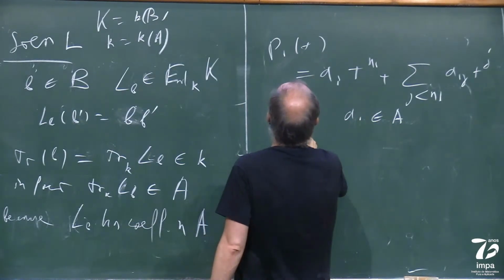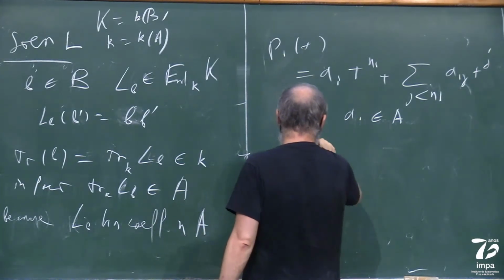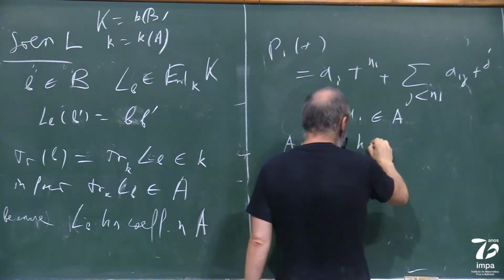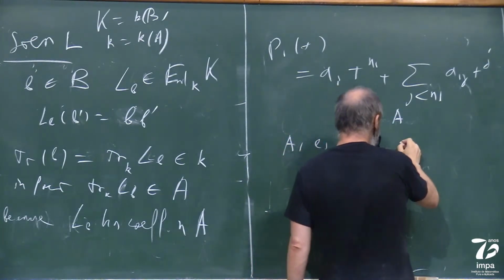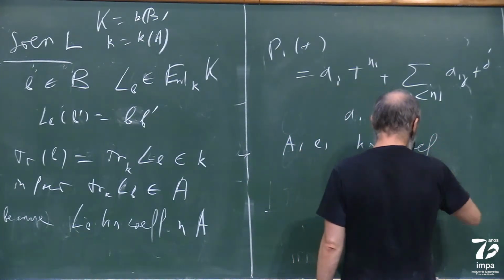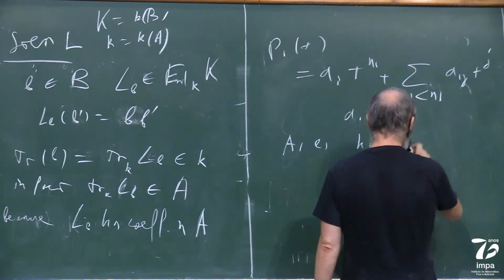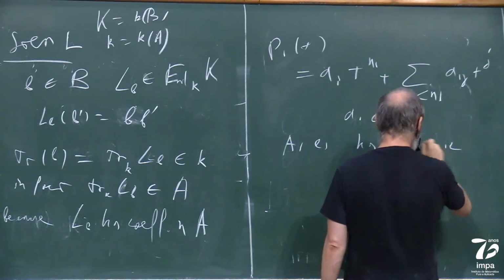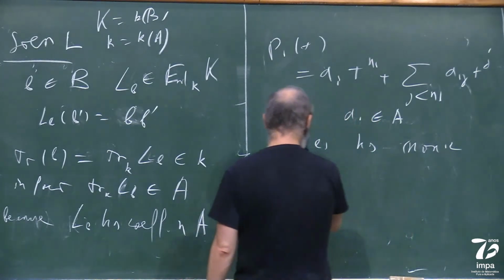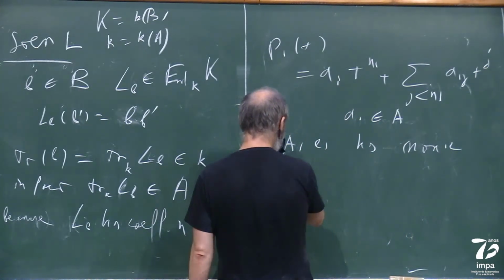Then what is important is that a_i e_i has a monic minimal polynomial.